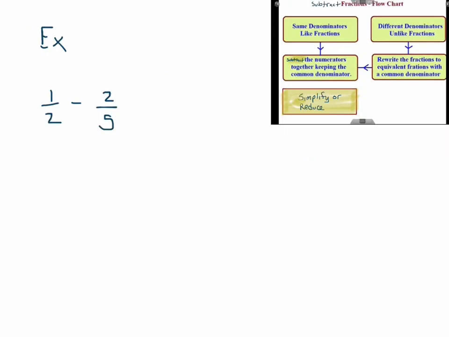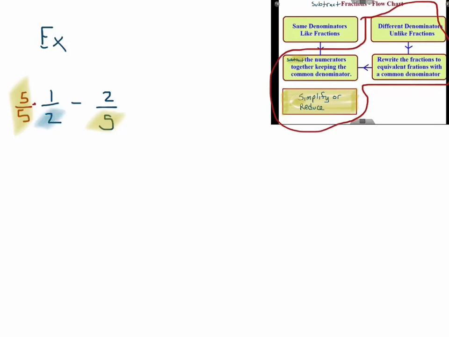Second example. And what do you think it's going to be? It's going to be different denominators, so we're going to be following this path. Okay, so we need to find a common denominator. What I can do is take this and multiply it to the other fraction, that denominator. Always this will work. 5/5. And then I'll do this in a different color. So there's the 5s. Now let's do this 2.